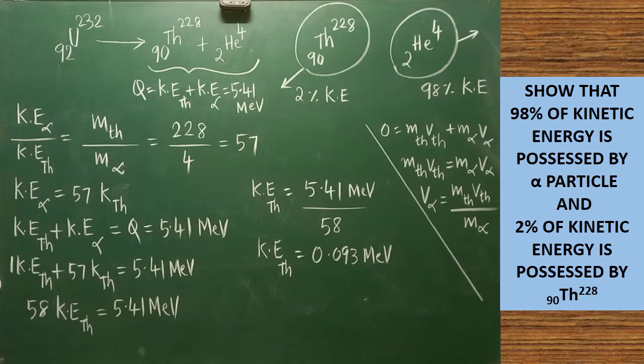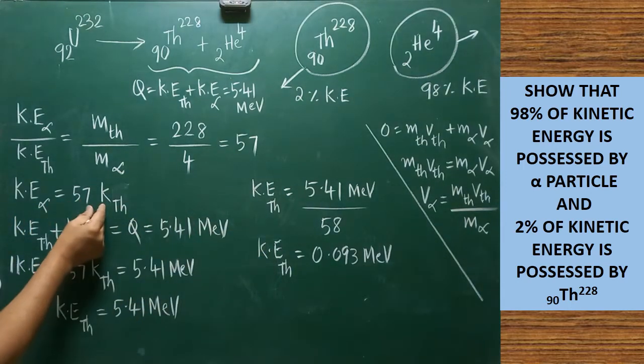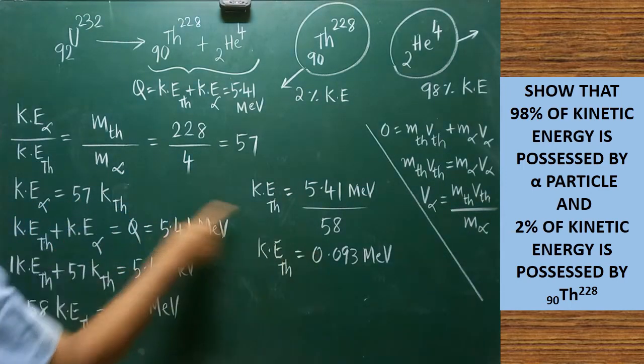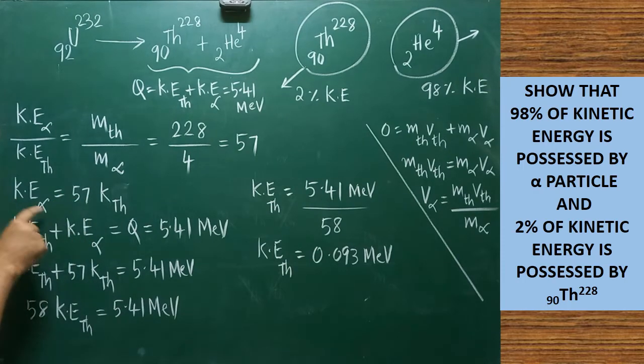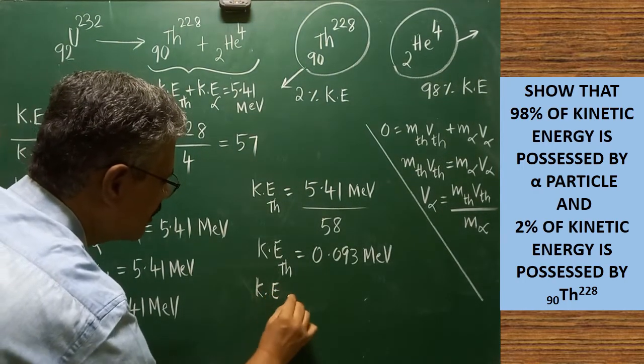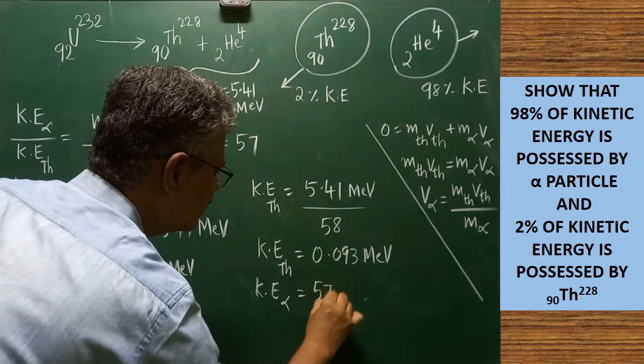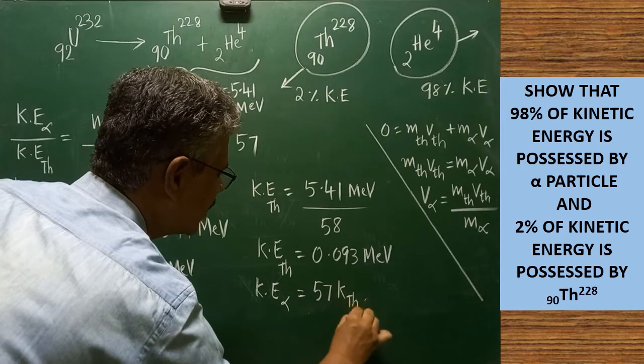How to calculate the kinetic energy of the alpha particle? Very simple one. Here we have already calculated in this formula. In this formula you have to substitute, because the kinetic energy of thorium is known now. Substitute this value here and automatically you will get the kinetic energy of alpha. So the kinetic energy of alpha is equal to 57 times the kinetic energy of thorium.